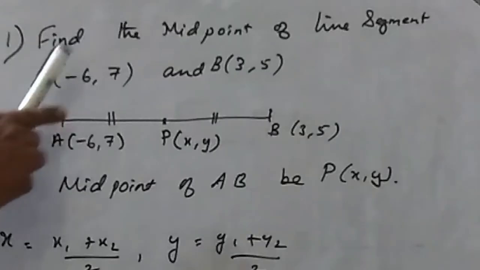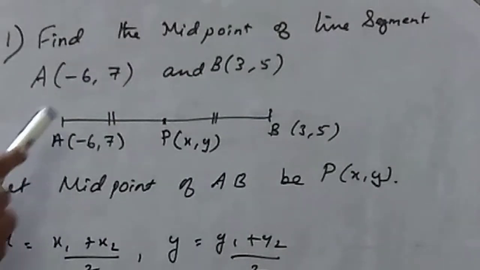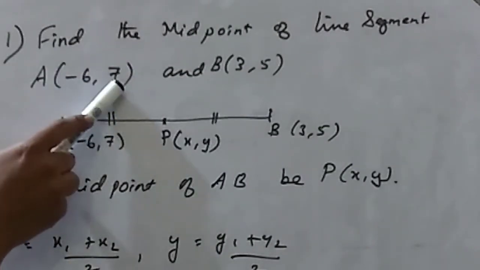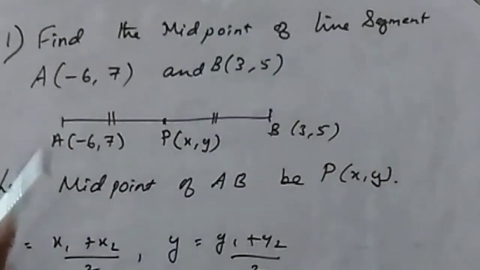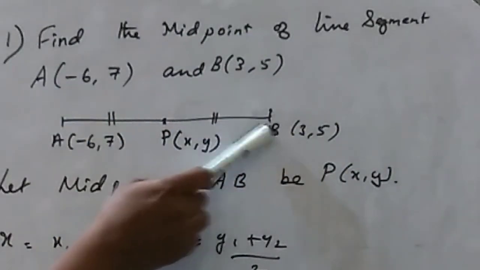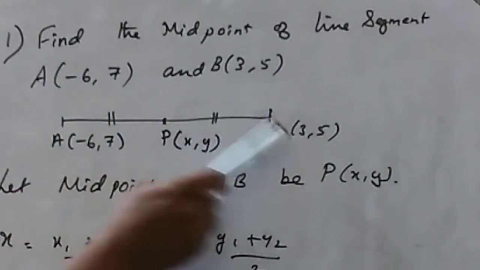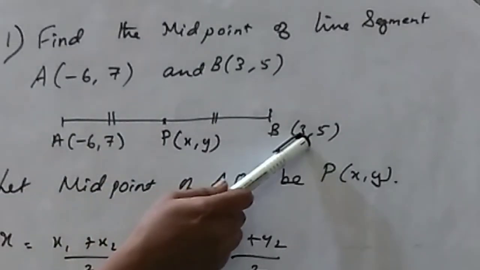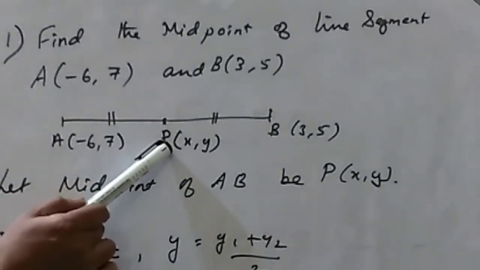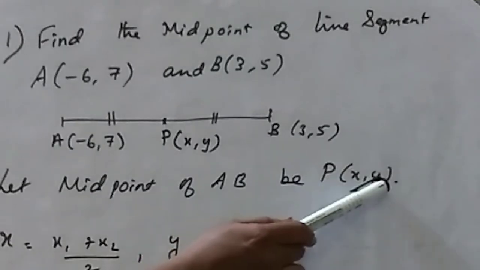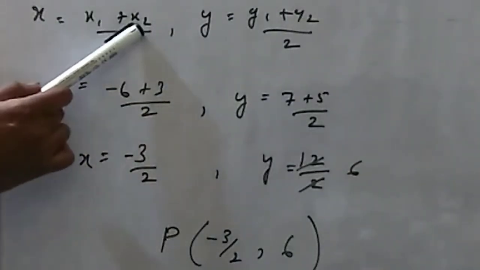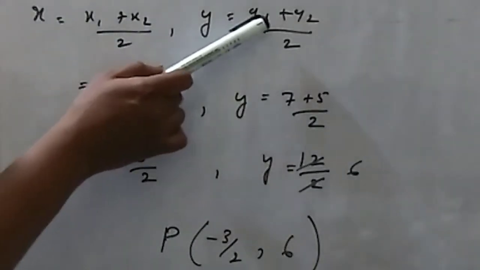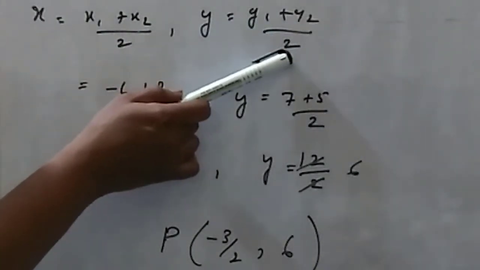Clear? So find the midpoint of the line segment minus 6, 7. I am taking this as A, and 3, 5 as B. So AB is a line, P is the midpoint of AB. You know A and you know B. So let the midpoint be P, x and y. Now take the formula x is equal to x1 plus x2 upon 2 and y is equal to y1 plus y2 upon 2.